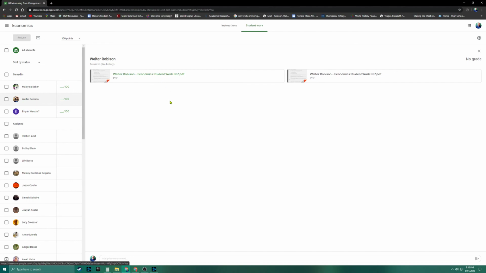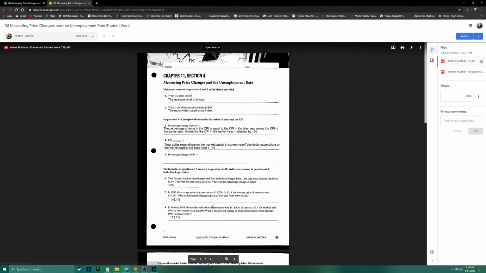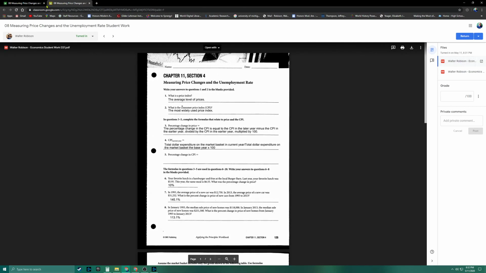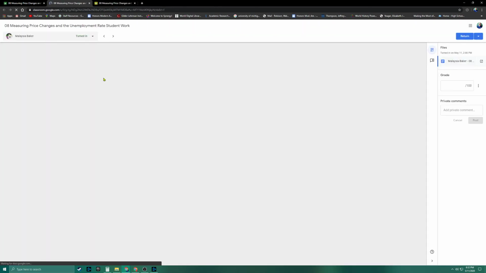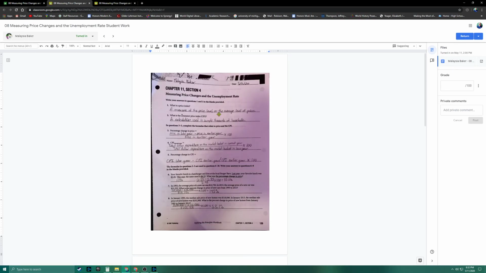Okay, so this one, it's got the work, but here's the other copy, and it has the work too. Well, I did upload it the right way, so that's why. But I can see other students too. Like this is Malaysia's. See, she's printing it out and doing it this way. Totally fine. Whatever it takes to get it done is what's important to me.